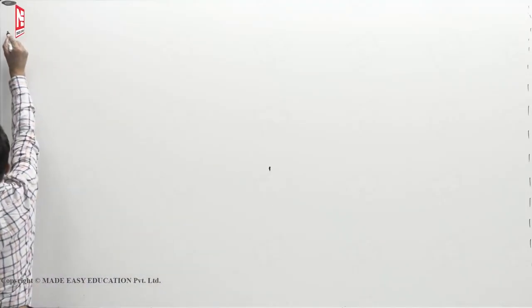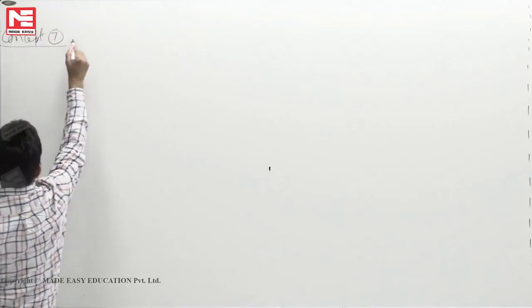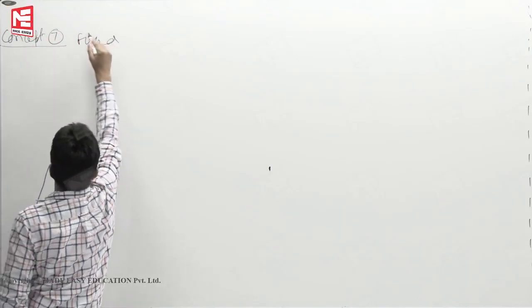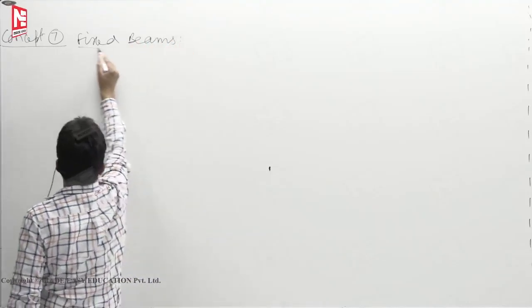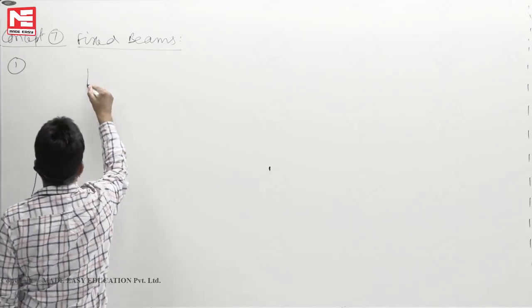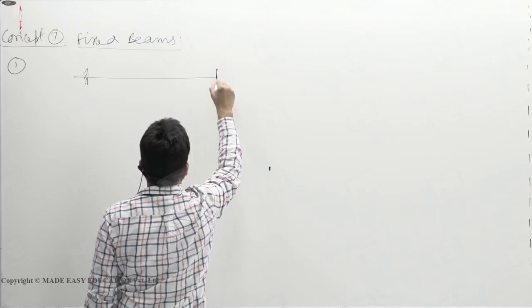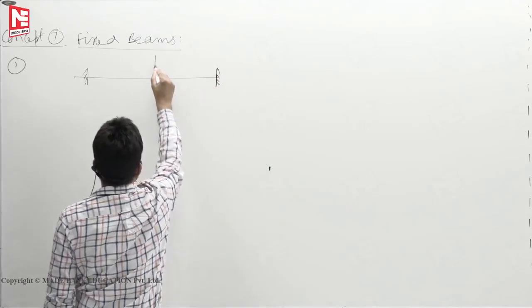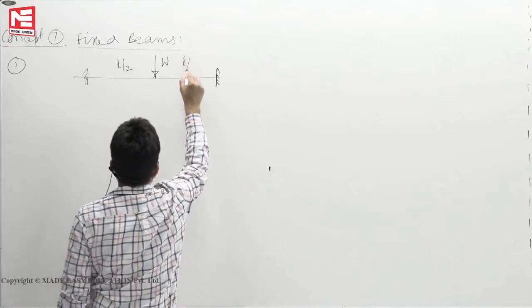Now 7th concept, fixed beams. First one is a fixed beam subjected to central point load W, L by 2, L by 2.